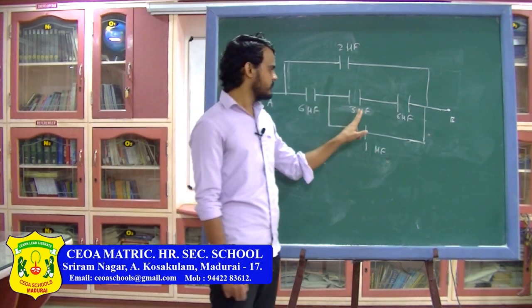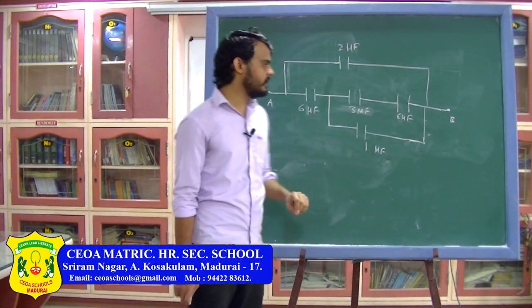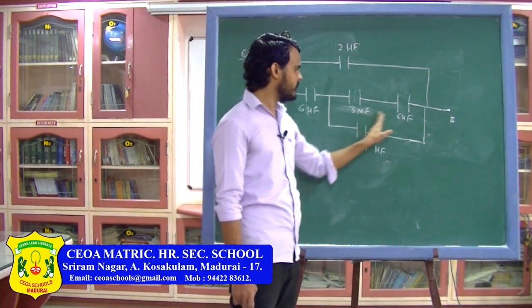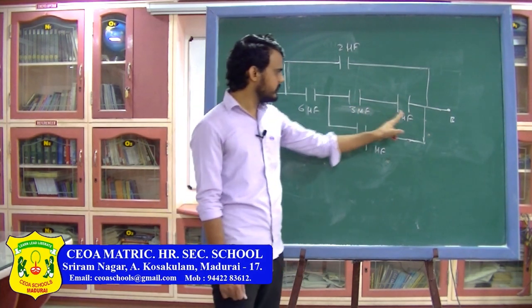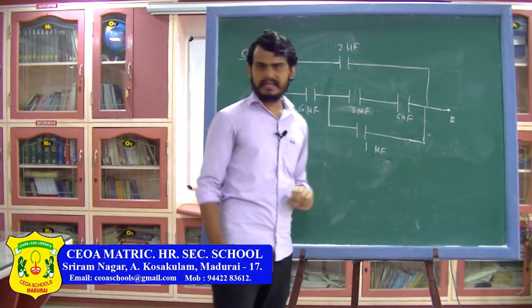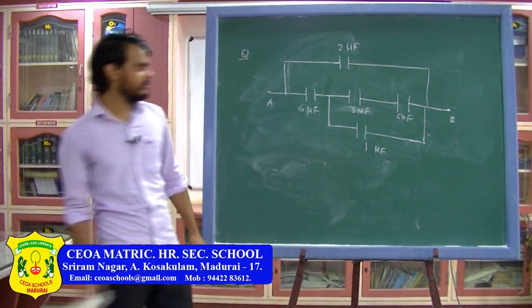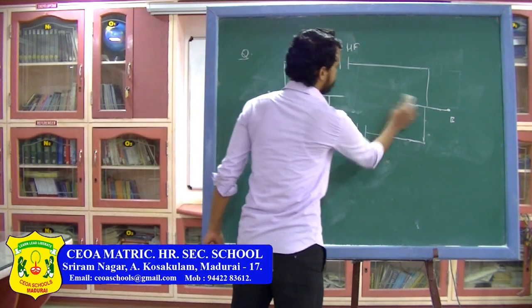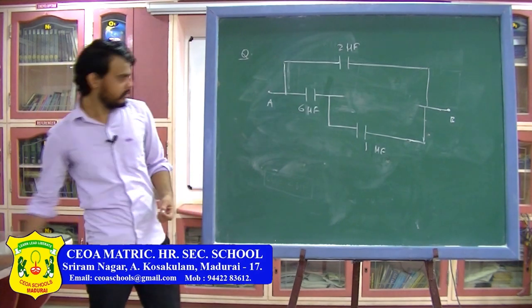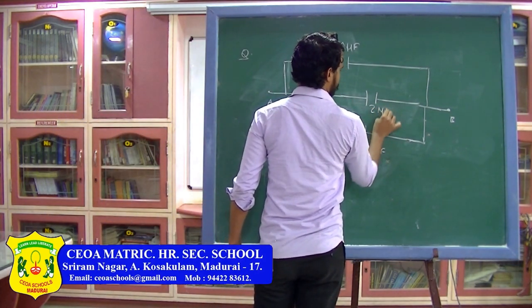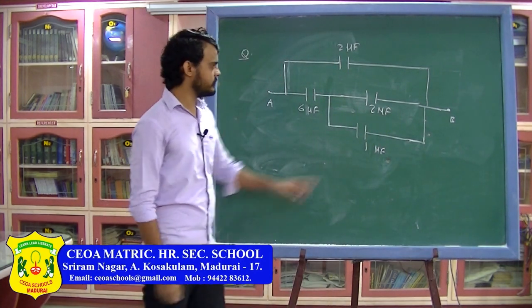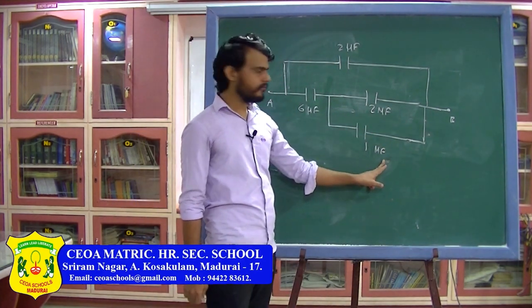So here this 3 microfarad and 6 microfarad are connected in series. So I can write the equivalent of these two will be 2 microfarad. So instead of these two capacitors, I can write one single capacitor which will have a capacity of 2 microfarad. Now this 2 microfarad and this 1 microfarad are in parallel.